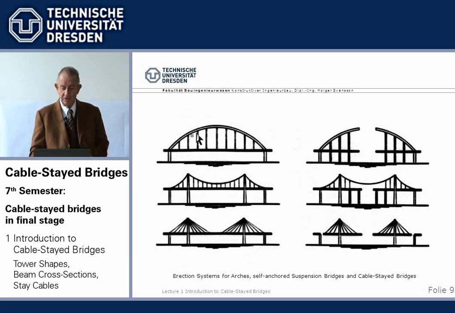Comparing the construction of an arch bridge, we have to support somehow the arch until it's closed, because the arch is only working when it is continuous and can carry the compression and can anchor the horizontal force. We can tie them back, we can support them, various methods, but the flow of forces during construction of an arch is distinctly different from the flow of forces in the final stage. Similar to so-called self-anchored suspension bridges.